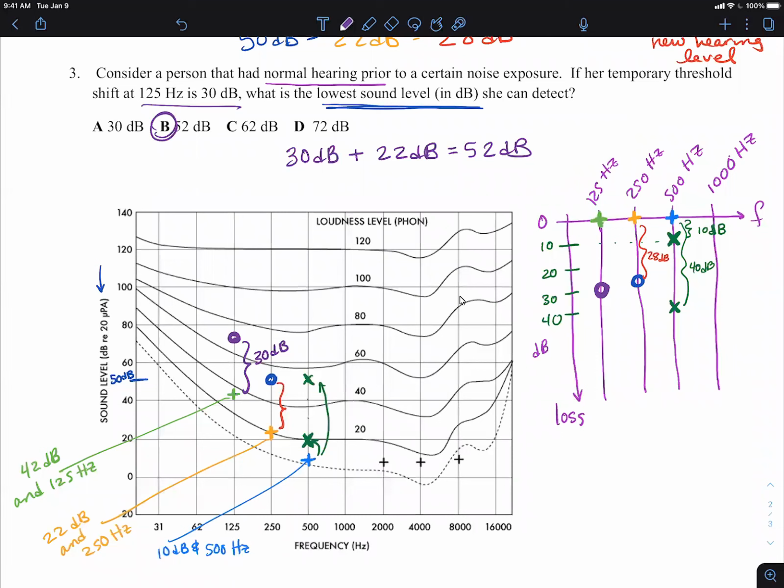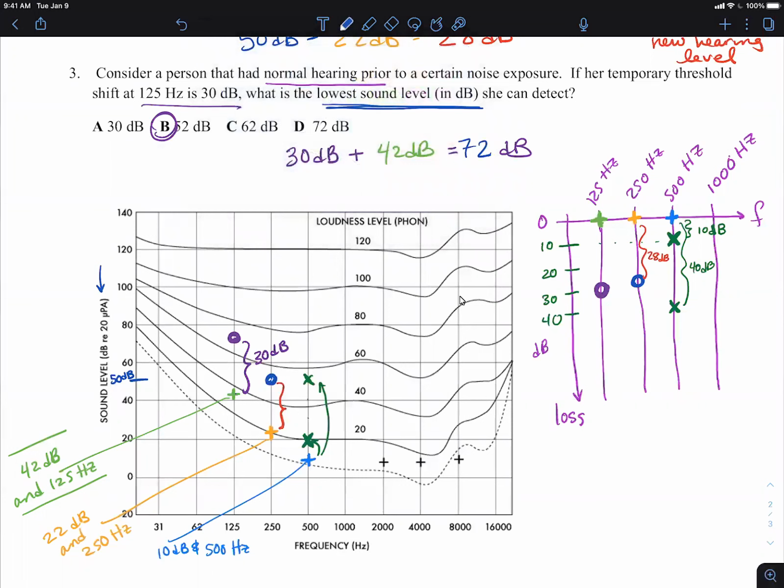Or no, sorry, got that backwards. 42 decibels from the green here. Do my color coding better. 42 decibels is the plus at 125 hertz. And so if I add the 30 decibel shift to the 42, then I would get 72 decibels.